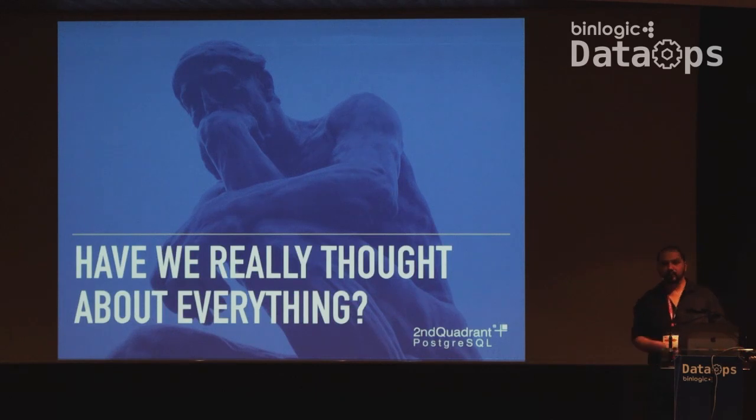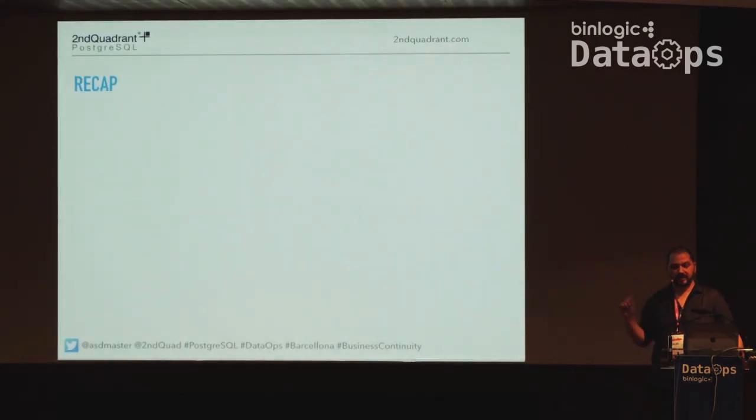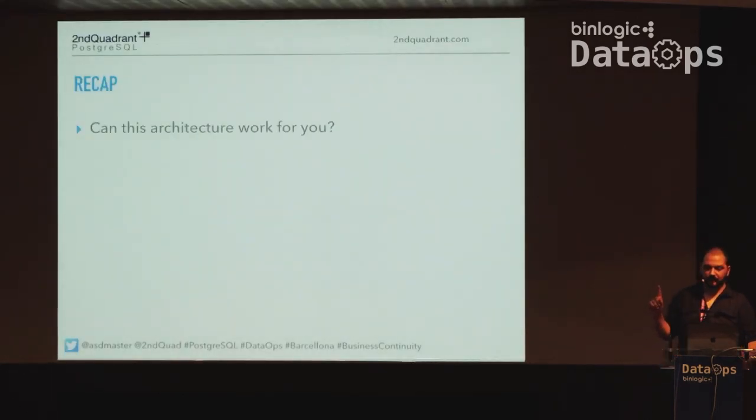But have we thought about everything, okay, or are we missing something that we can add to the equation? We can add time of reaction to that. Why am I saying this? Because we need reliable monitoring, okay? You have to be aware of the fact that something isn't working. So if this architecture is working for you, you have to monitor what you are doing, okay?